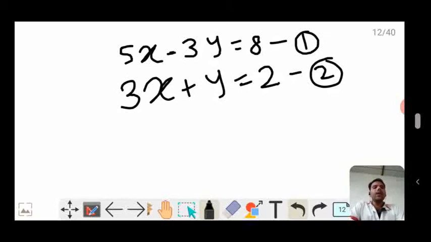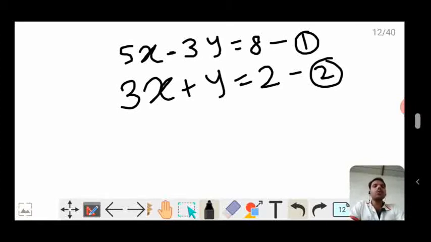and we try to eliminate one variable from both equations. To eliminate one variable, we want the same coefficient for that variable, with opposite signs. If we look at the variable y, in equation number 1 it has coefficient -3, and in the second equation it has coefficient 1.